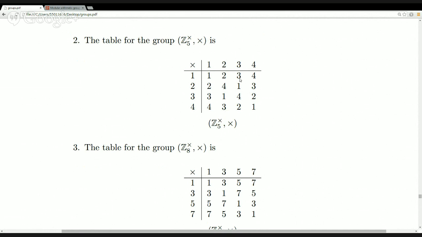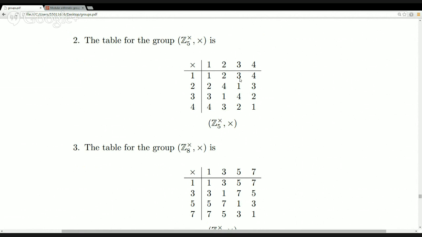But if you look at what 2 generates, that's 2 to the power 0, 2 to the power 1, 2 squared, etc. All these powers of 2. Well, let's list them out. 2 to the power 0 is 1. 2 to the power 1 is 2. 2 squared is 4.